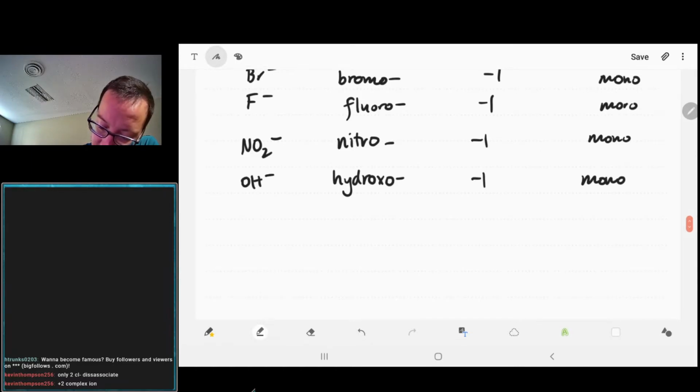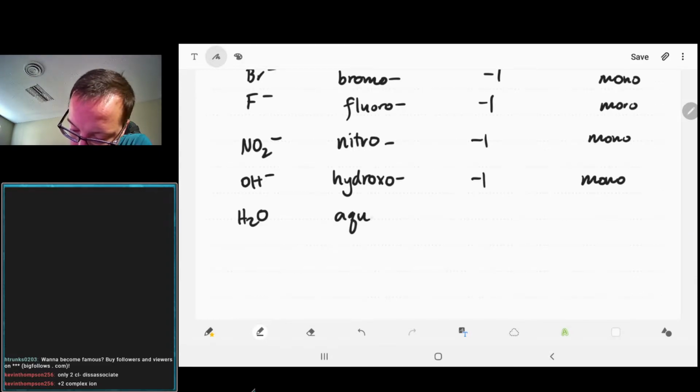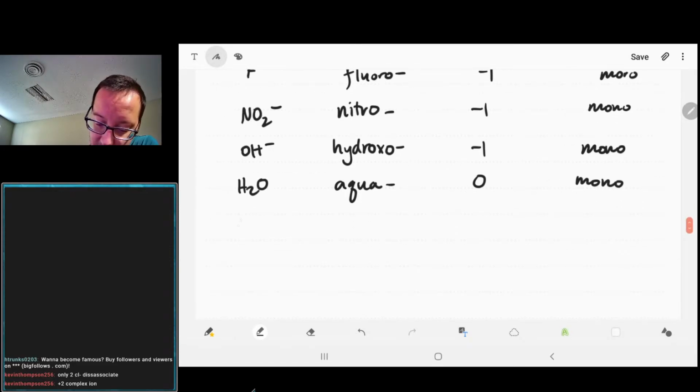We have this mysterious substance, and interestingly enough, it takes the name aqua in coordination compounds. It does not have a charge, so it doesn't affect your charge. It's a monodentate ligand.